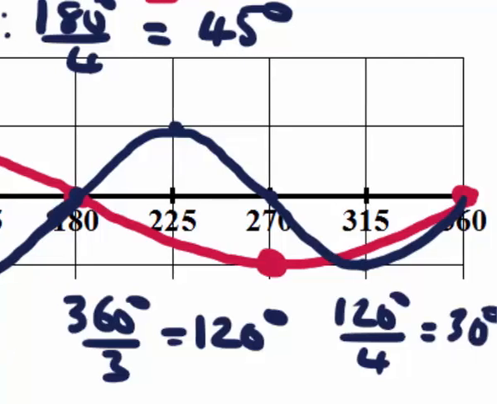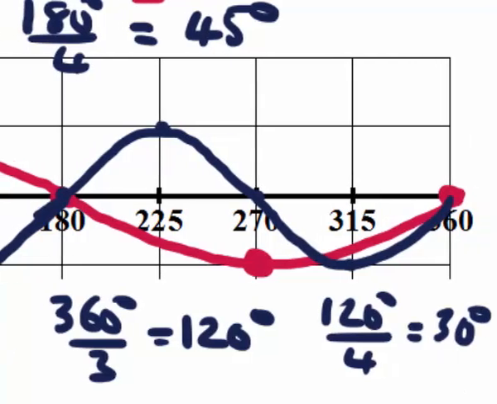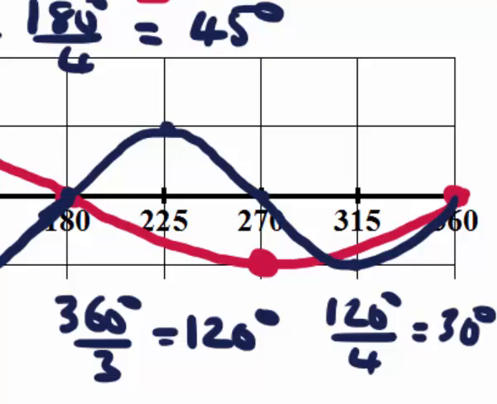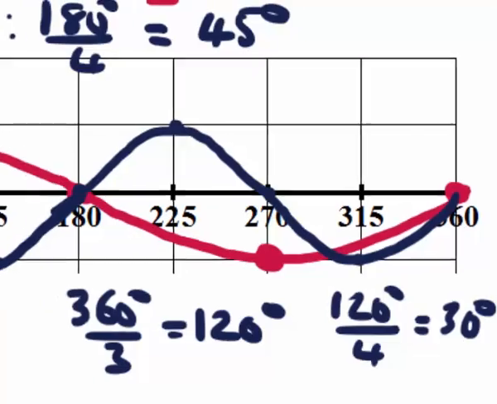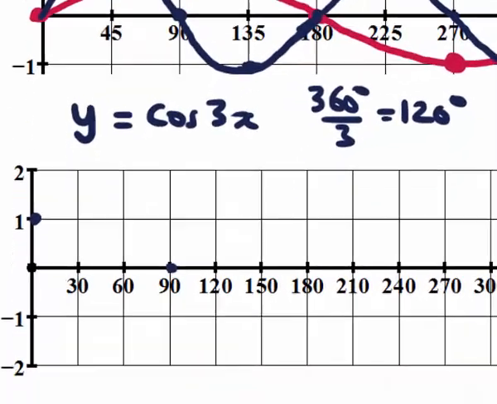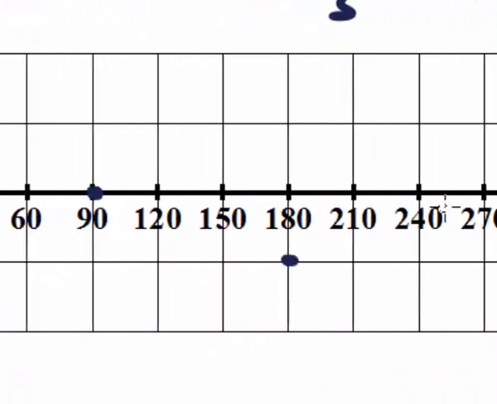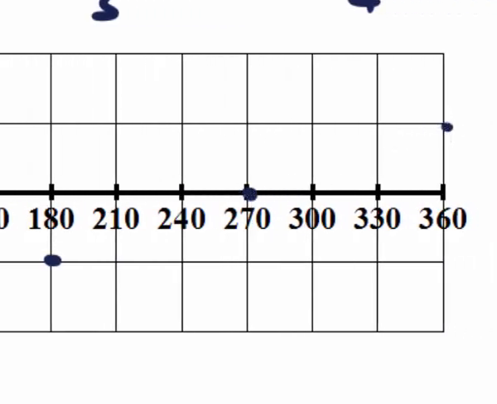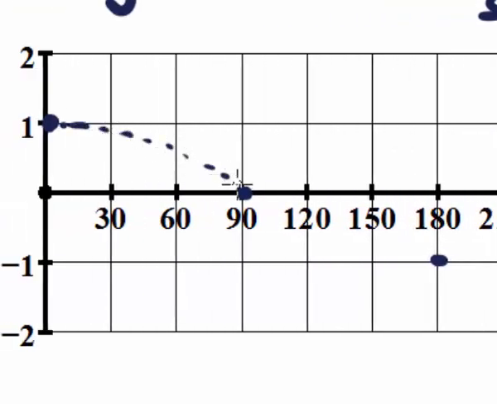Okay, 30 degrees there. Now what I could do is look at my basic cos curve, which is there. Cos normally does this. Let's bring that down a little bit there: 90, 180, 270, and 360. So that's your basic cos curve.